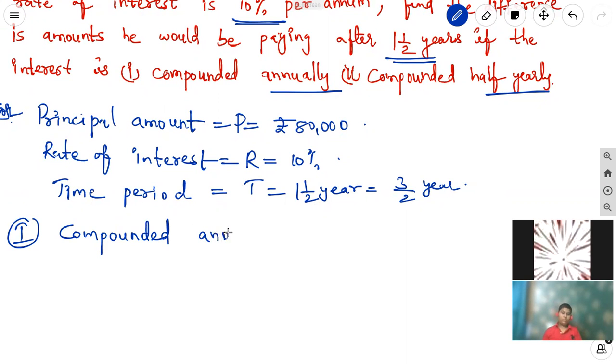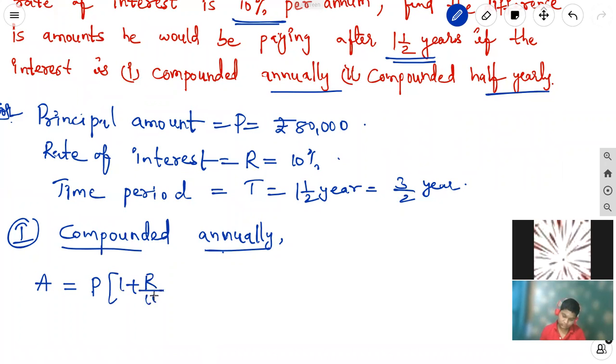Compounded annually means first we can calculate it 1 year and after that half year simple interest. Compounded annually means the amount A equal to P into 1 plus R by 100 whole power n. Here first we can calculate compound amount for 1 year. Compounded annually.